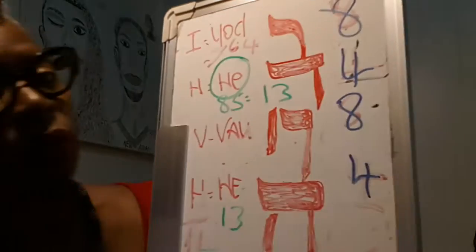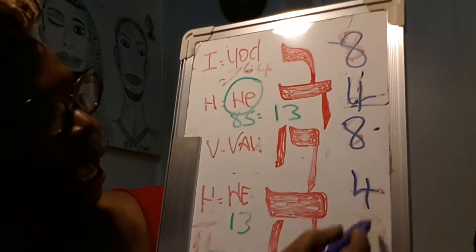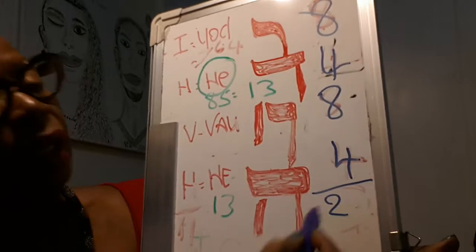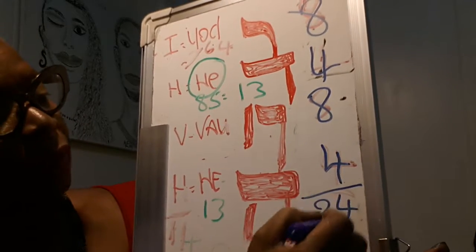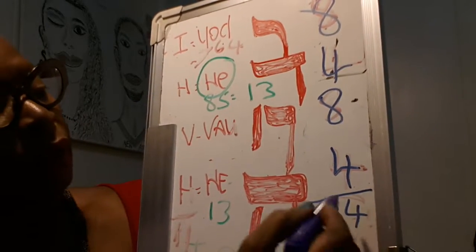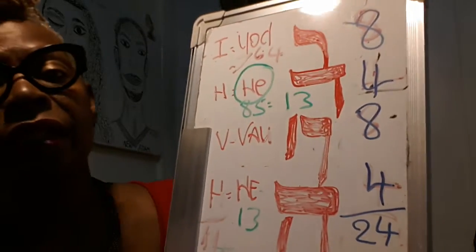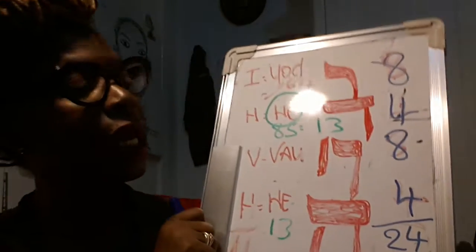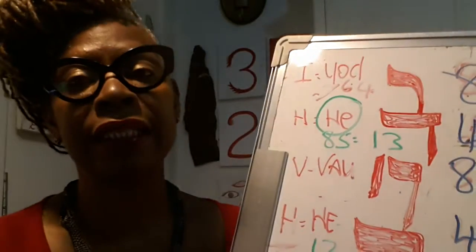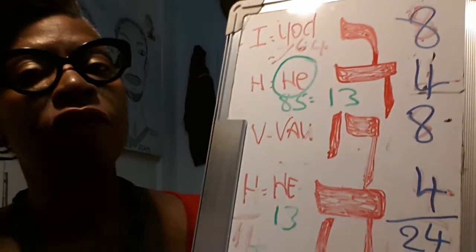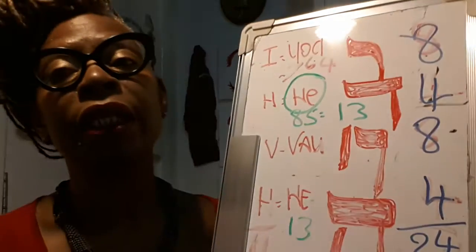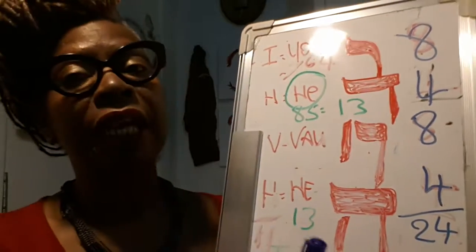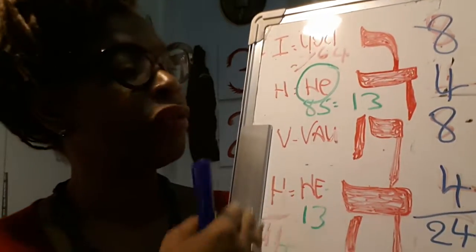Just do this here so you can see, and adding this together gave us a total of 24. Of course, 2 plus 4 is 6, and this is the number of man. So we can see God here is reflecting the number of man, or if we were to say the tree of life is reflective of the number of man.